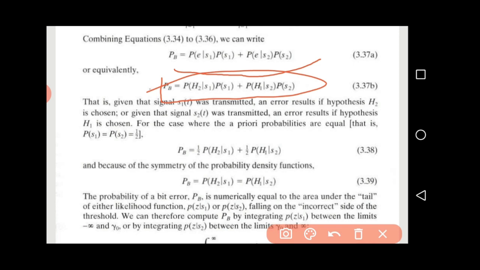That is, given that signal S1(t) was transmitted, an error results if hypothesis H2 is chosen, or given that signal S2(t) was transmitted, an error results if hypothesis H1 is chosen. For the case where the a priori probabilities are equal, that is P(S1) equal to P(S2) equal to half, PB will be equal to 1/2 P(H2|S1) plus 1/2 P(H1|S2). And because of the symmetry of the probability density function, PB will be equal to P(H2|S1) or P(H1|S2).